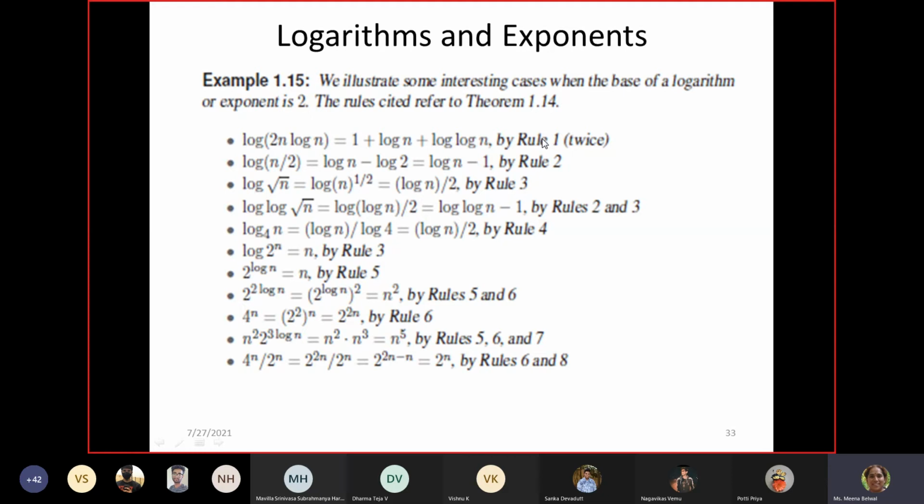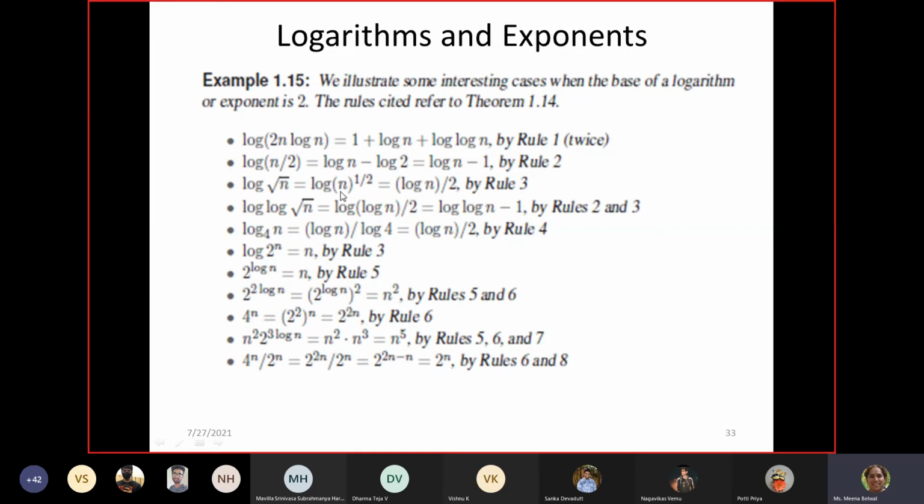That is how you have got this first expression. Similarly, log of n by 2 is going to be log n minus log 2, and log 2 base 2 is 1. So this is log n minus 1. This is by rule number 2. In the previous slide, those 8 rules are given.